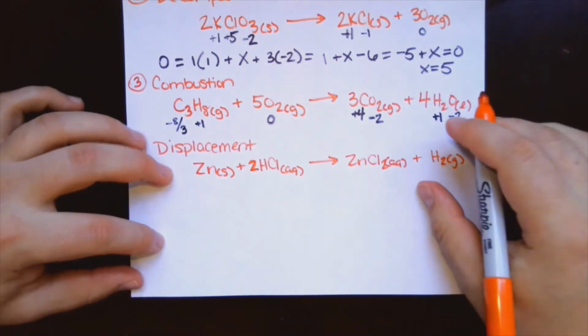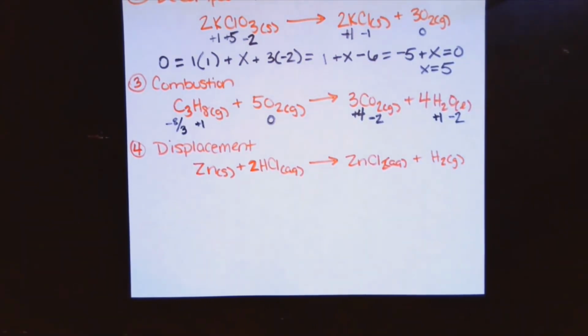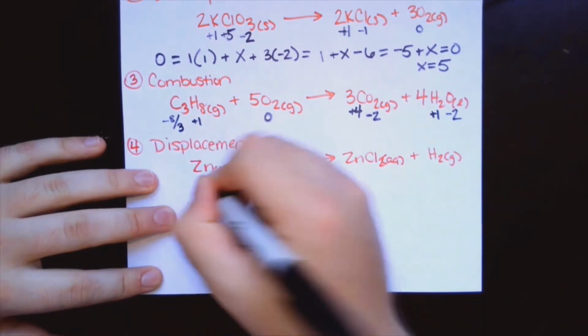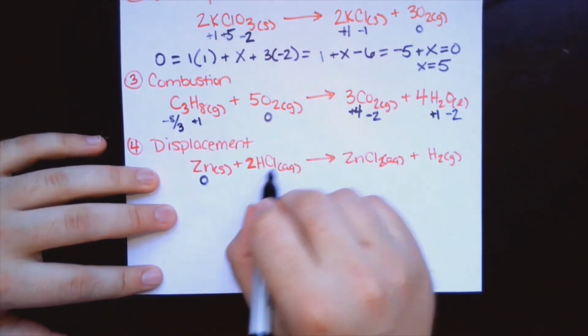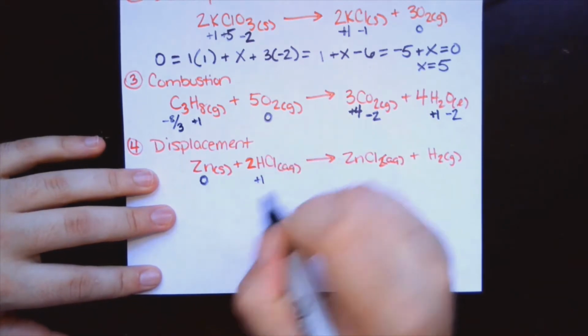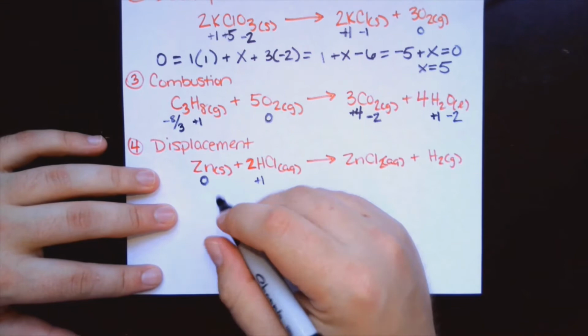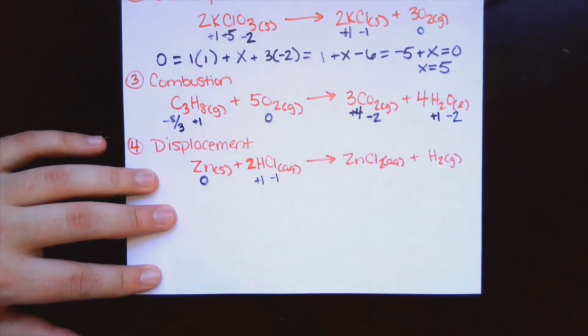Alright. Solid monatomic zinc is a metal in its elemental state, so its oxidation number is 0. Here, hydrogen is bonded to a non-metal, so it's +1, which means that to make this equal 0, chlorine has to be -1.